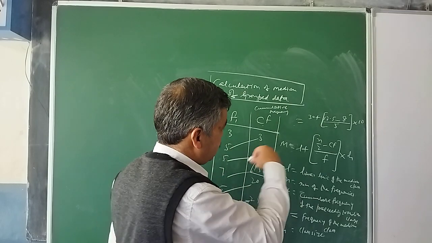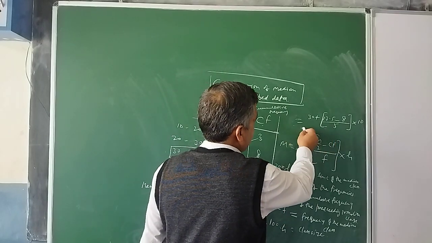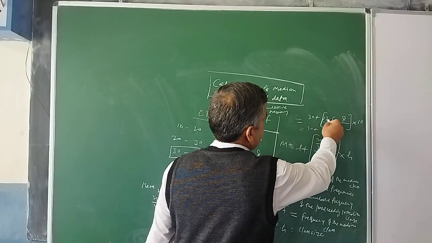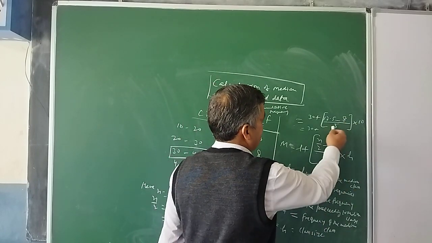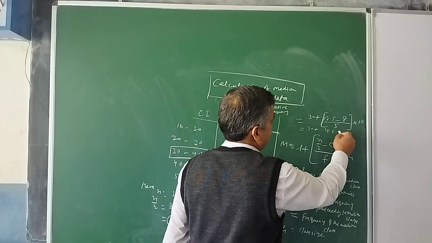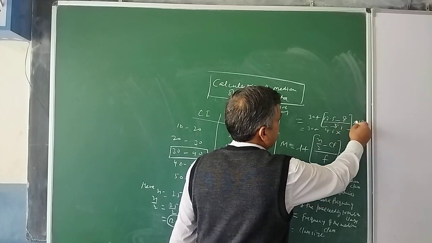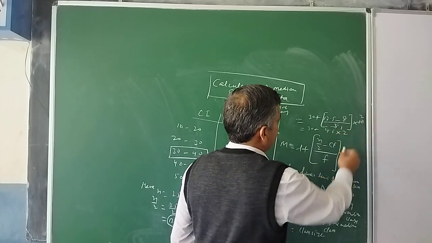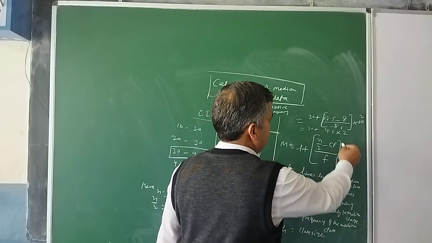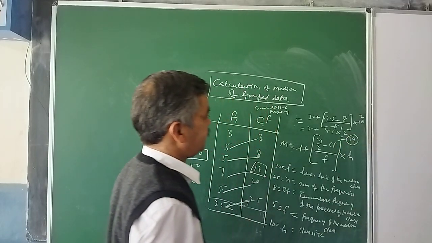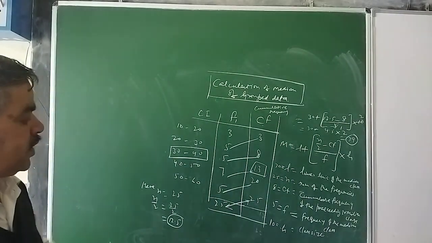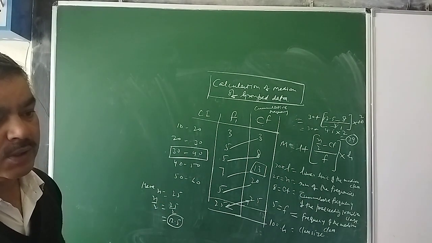So 12.5 minus 8 will make it 4.5. 4.5 into, if you do the calculation, 2, so 30 plus 9, your answer will be equal to 39. So 39 is the median for this particular data.